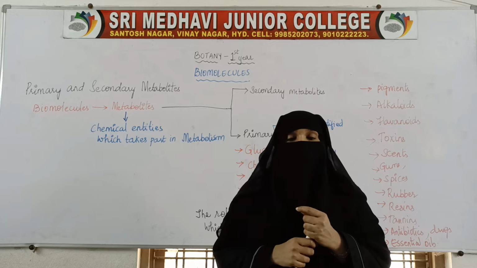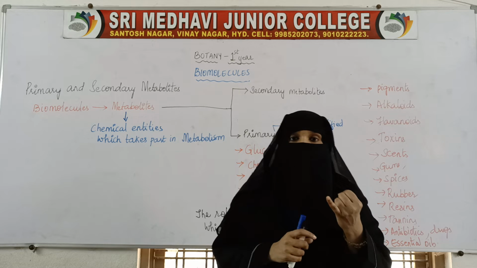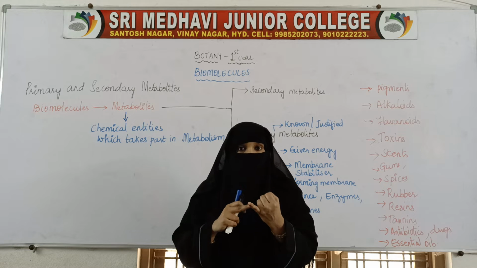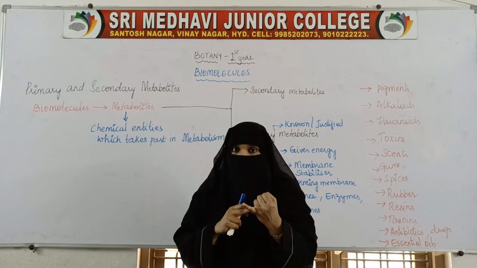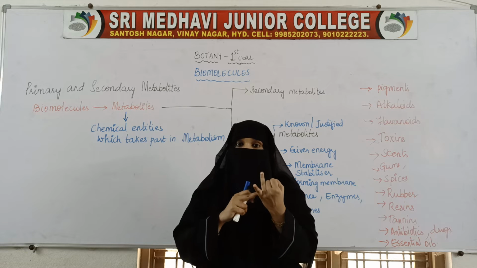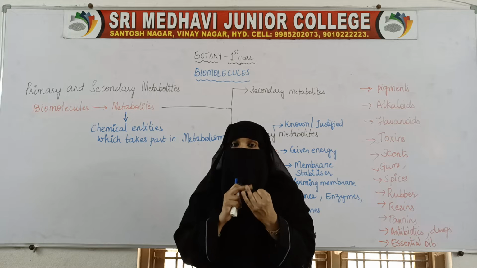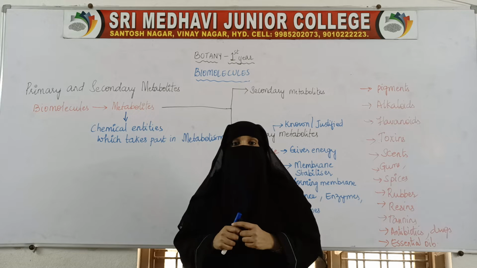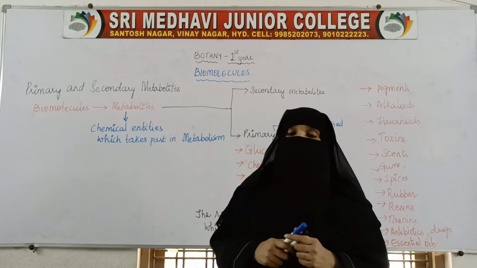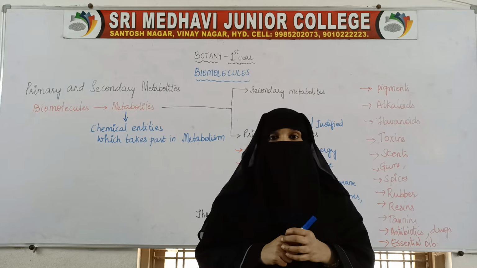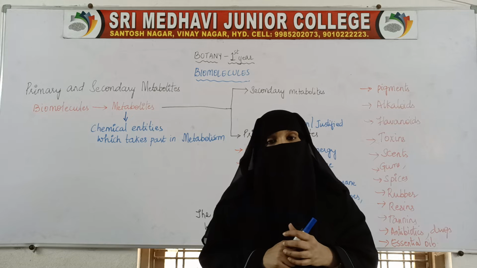And in RNA, we have the nitrogenous bases adenine, guanine and cytosine, but thymine, which was present in DNA, will not be present here. Instead of thymine, in RNA we have uracil.